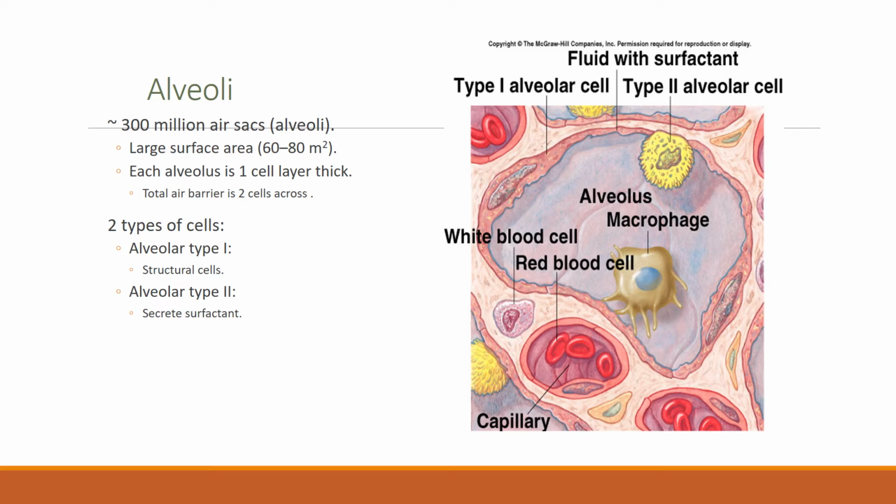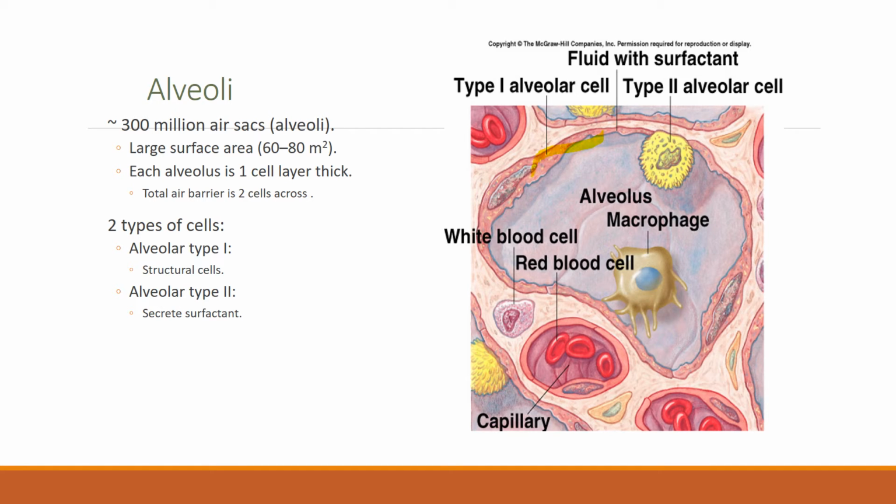Each alveolus is only one cell layer thick, allowing for that rapid diffusion to occur between oxygen and carbon dioxide. At any moment in time, a molecule only has to cross a barrier that is 2 cell layers thick. So the site of gas exchange is going to occur within the alveolar type 1 cells.